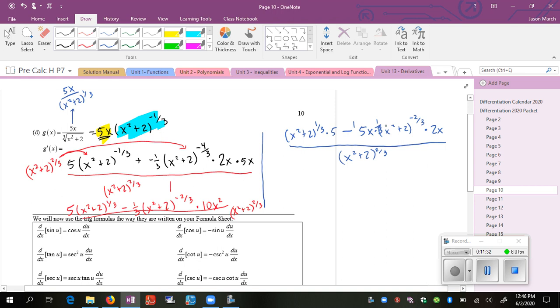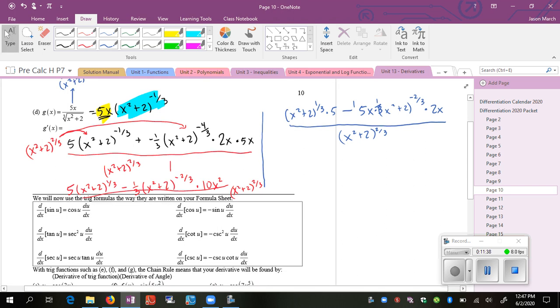So it's always good to check your work if you have time. But now you can see that those are the same because we have 5 times x squared plus 2 to the 1/3, negative 1/3. The 5x and the 2x multiplied together to give me 10x squared. So that's what makes these questions hard, especially when they're multiple choice, trying to figure out how to match your answer to the answers that are there.